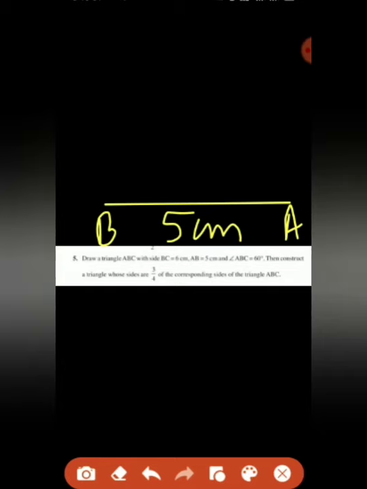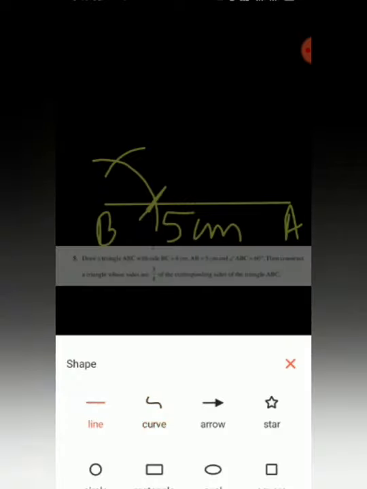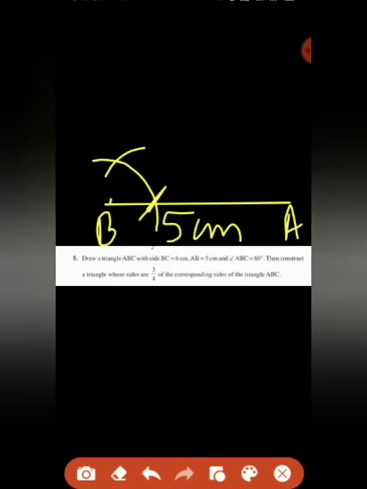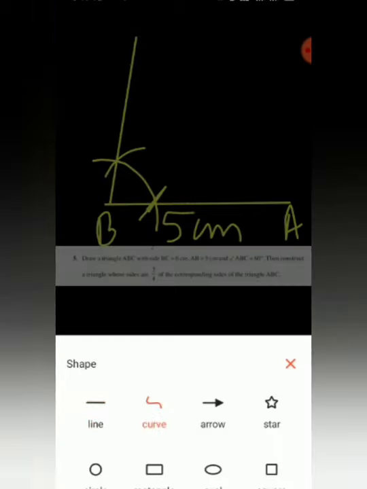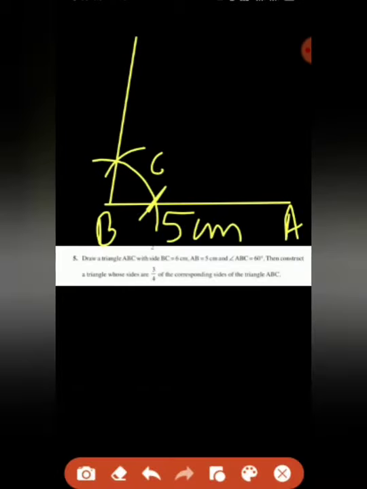Make an arc from B like this. Keep the tip of the compass at this point and make an arc with the same measurement. Now join B to that arc like this and you will get 60 degrees. Here it is not exactly 60 degrees because I'm doing it freehand, but when you draw with your instruments, you'll get 60 degrees.